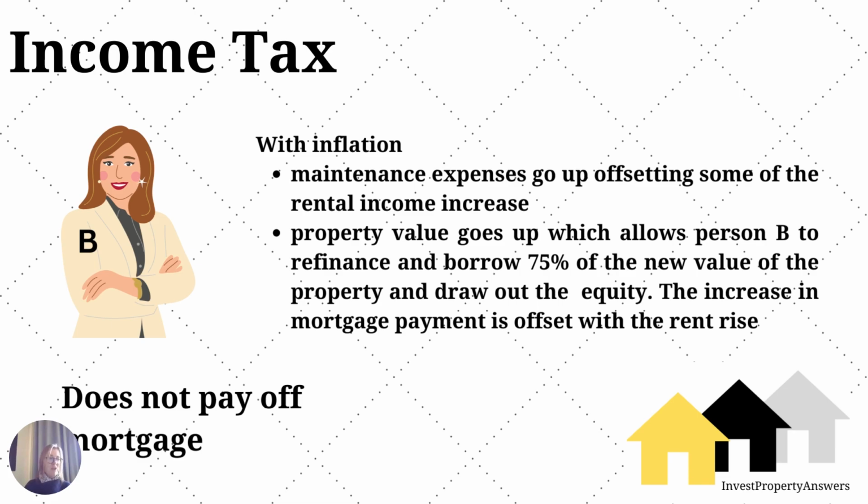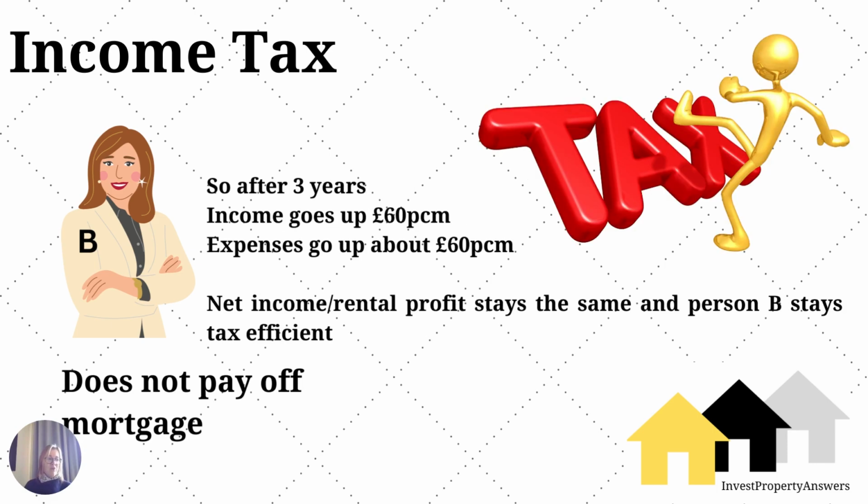At this stage, Betty can go back to the bank and borrow 75% of the new value of the property and draw out equity. The mortgage payment goes up, however, this offsets with the rent rise. In other words, after 3 years, Betty's income goes up £60 per month, but expenses go up about £60 per month too, so her net income rental profit stays the same.